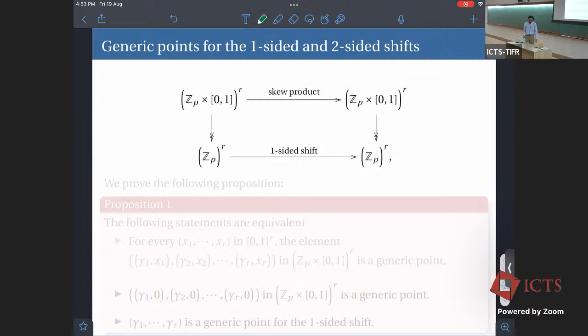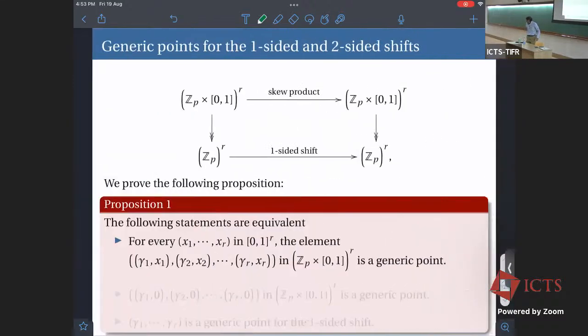Okay, so again, the statement that we want to prove is that eventually we want to get some equidistribution in [0,1]. But this ergodic map comes from a map on ZP. So somehow we want to get information on [0,1] from something on ZP.